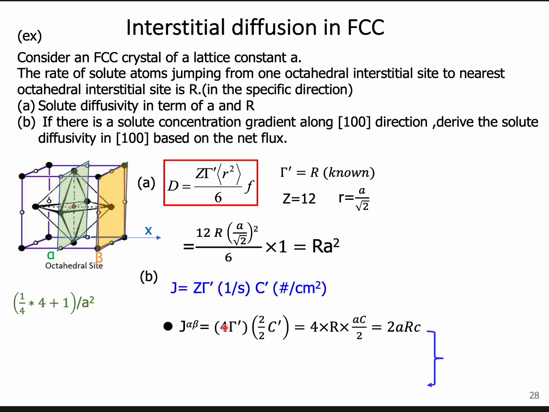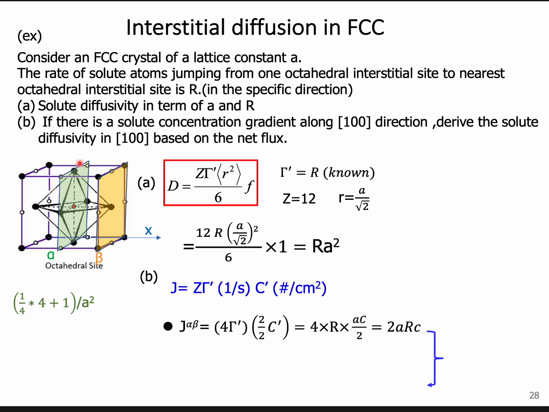possible jumping directions, and because we have 2 atoms on the alpha plane, right? Of each atom, 2 directions can make a successful jump to the beta plane. So we get 2 divided by 2 times C-prime. So we got these results.